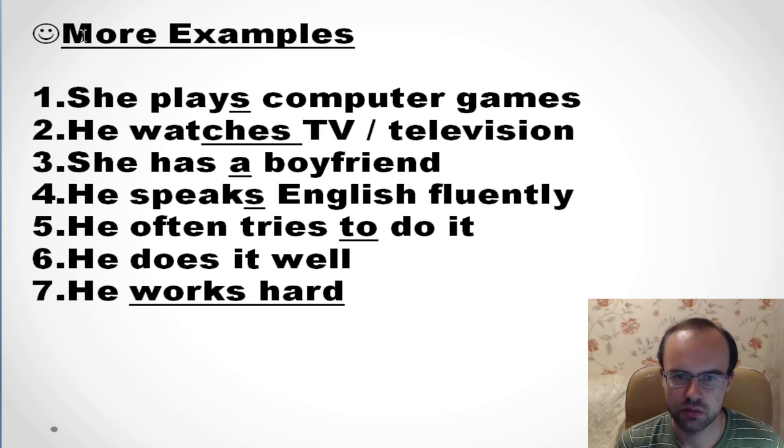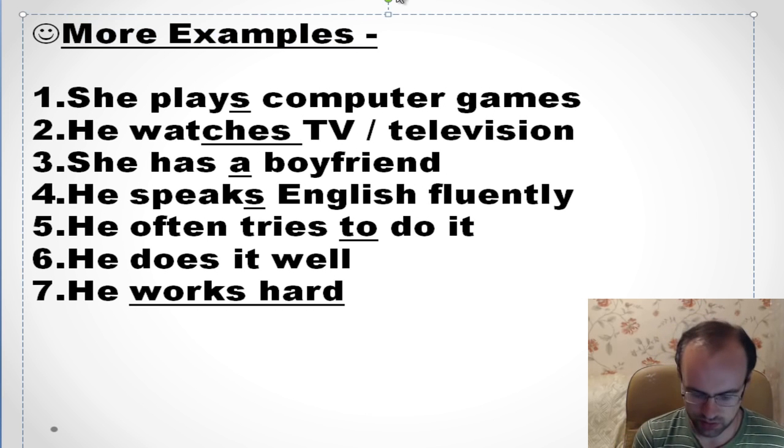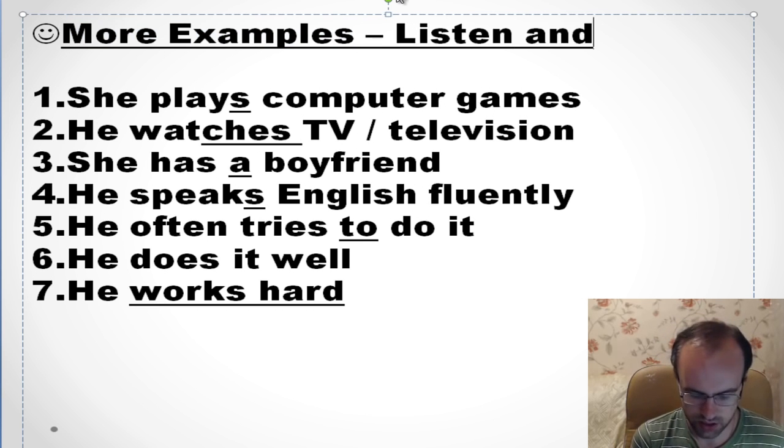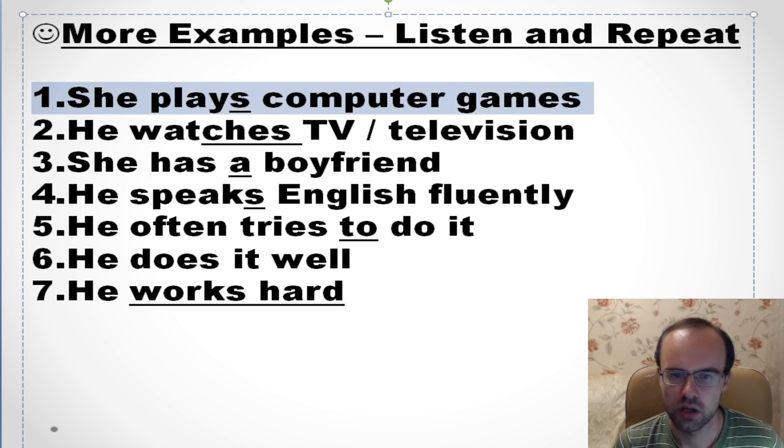More examples. She plays computer games. So listen and repeat. She plays computer games. He watches TV or he watches television.